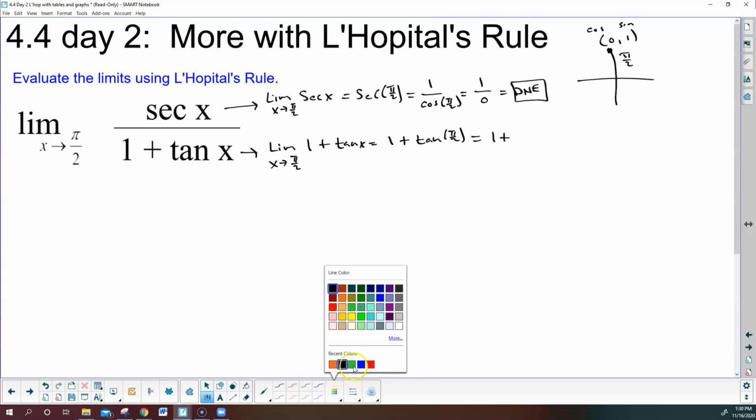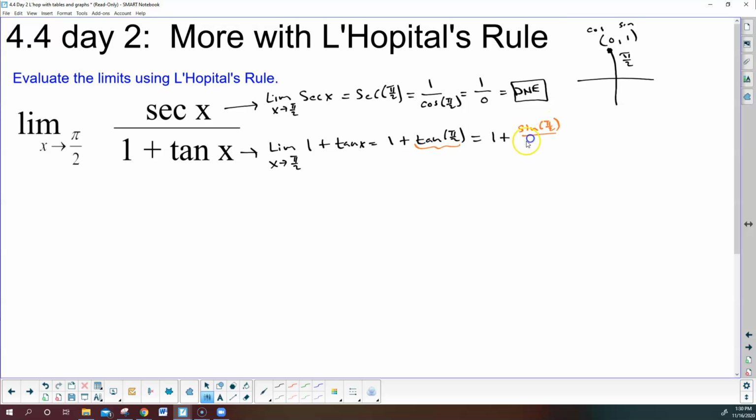Well, in this case, tangent is better thought of as sine over cosine. And then, wait a minute, we know what sine is. Sine is 1, cosine is 0, and this part right here is undefined. It does not exist. So I actually end up with does not exist over does not exist.